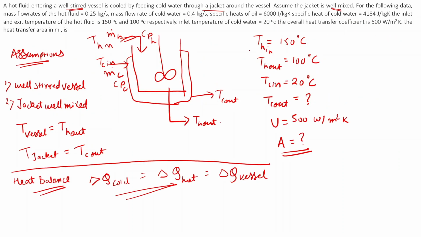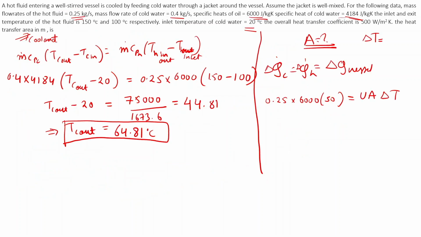Okay, so this delta T is basically the heat exchange across over here. So here it was T vessel and this was T jacket. So this T vessel will be equal to the outlet temperature and this T jacket will be equal to the outlet temperature of the coolant. Okay, so this delta T will be T vessel minus T jacket.